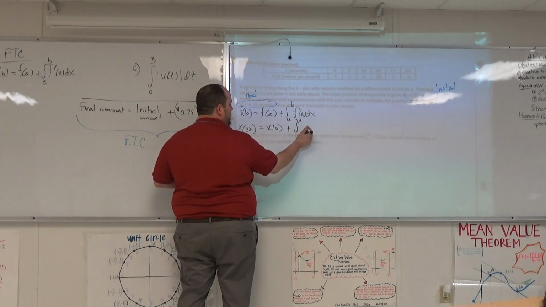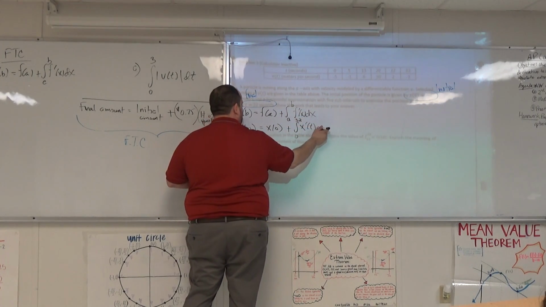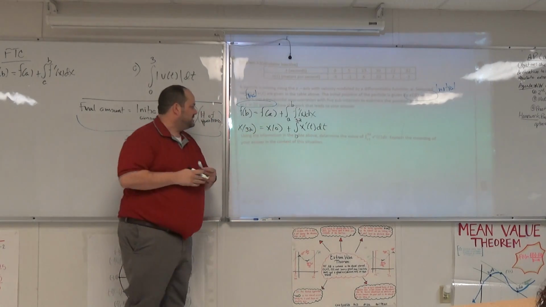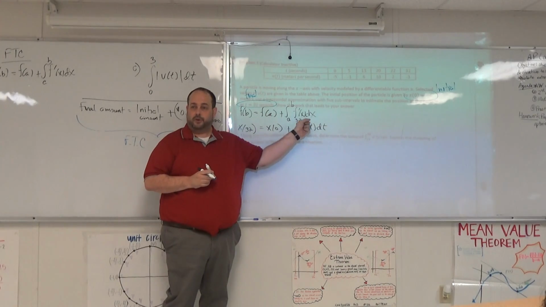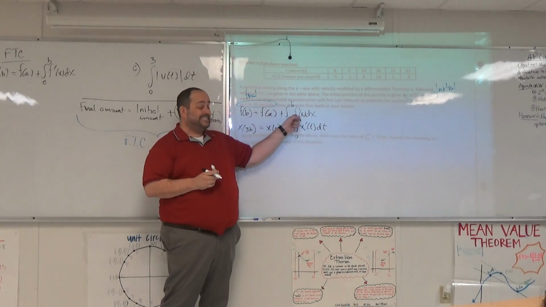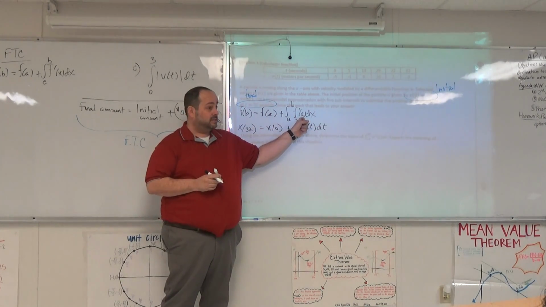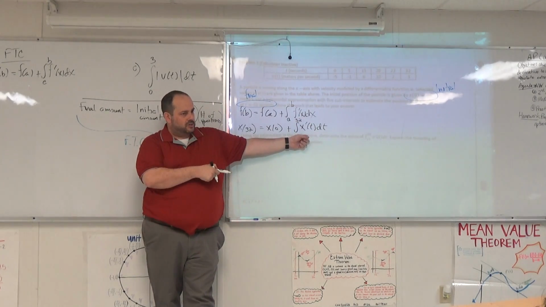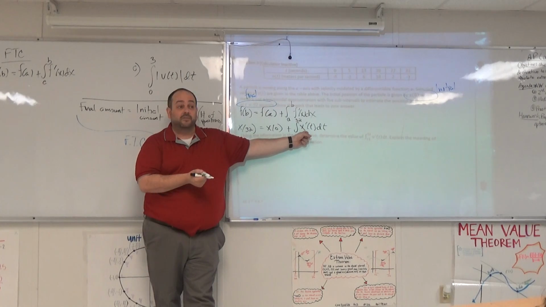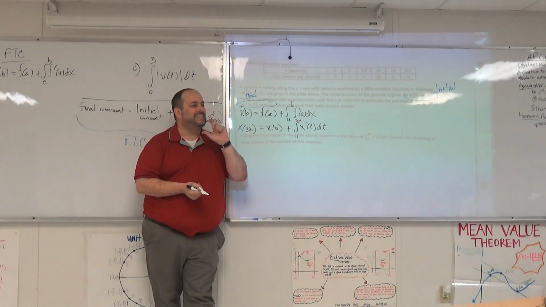Now, at first, and this often happens in an AB class, students say x of 32 equals x of 0 plus the integral from 0 to 32 of x prime, because that's how the fundamental theorem of calculus works. But if x represents position, what's the derivative of position? The velocity.